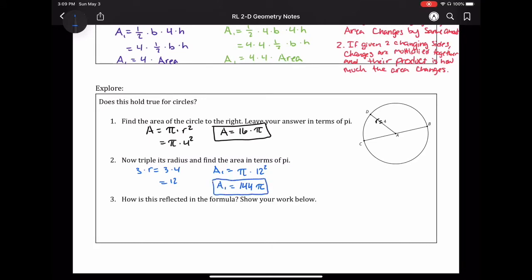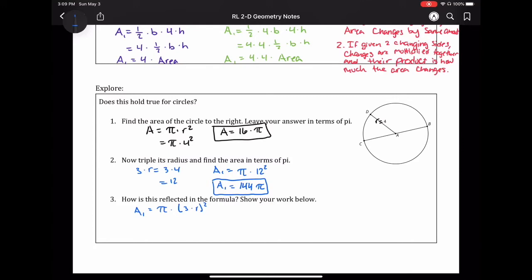All right. How is this reflected in the formula? In the formula, what's really happening is I'm saying that I have pi times altogether 3 times the radius, squared. Notice that 3 with the radius is in the parentheses, all being squared. If you remember some properties of squaring, when you have multiplication in the parentheses and that's all being squared, you can square each thing separately and then multiply them together.